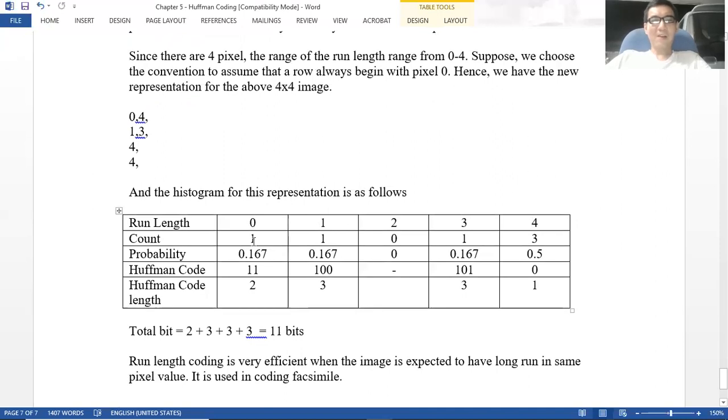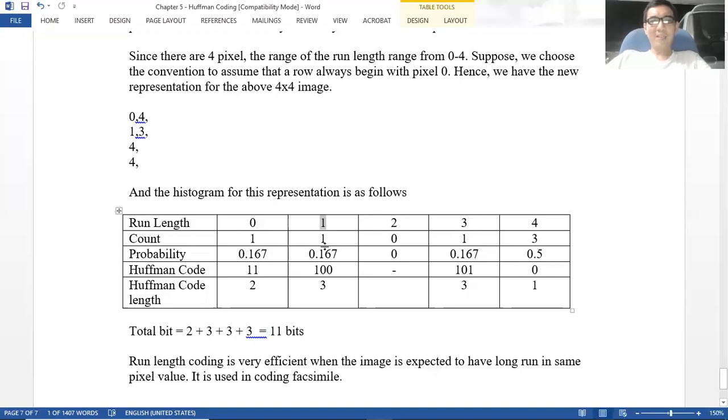And if you look at the count in this image, count 0 is 1, count 1 is 1, count 2, no count 2 here, count 3 is 1, and count 4 is 3. So the probability is actually higher for the long run of 4, and the probability for short run is actually very low.